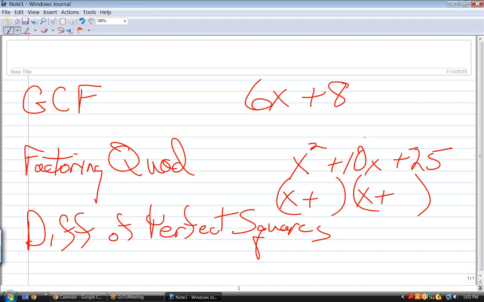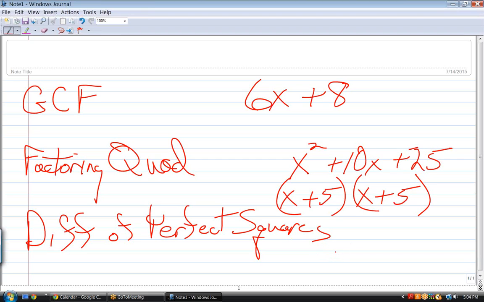It means that what we're looking for are factors of 25 that add to the number 10. Well, that would be 5 and 5. Yeah, no, you got the right answer. I just wanted to know if you could verbalize it, because once you get to a point where you can verbalize it, you won't forget it, and you'll have it locked in your memory. So being able to verbalize that last step is important.